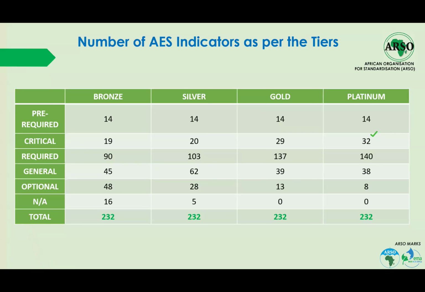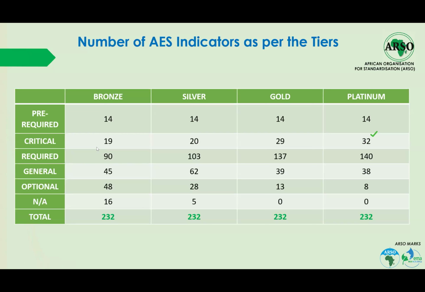It's levels of, we call it a maturity model, and a little bit improved tier is silver, and the gold one is a good level. The platinum is the excellence. Now these numbers are the numbers of requirements you have to fulfill under each level, under each tier. So for the pre-required, you can see it's the same number for all, because it's pre-required requirements. There are things that you should have in place before starting.